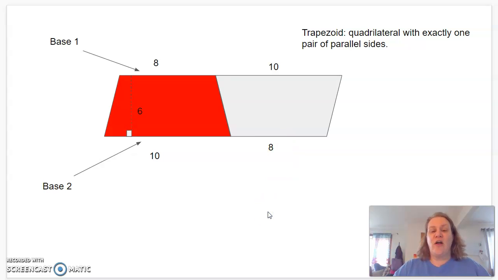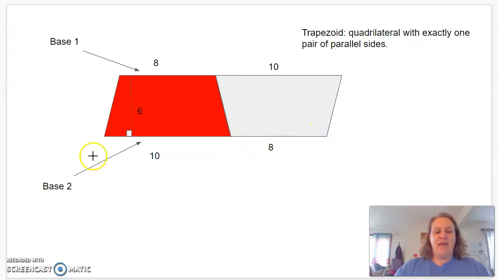So in order to figure out the area of this giant parallelogram, we need to figure out the base and the height. So we can use the bottom line as our base, and because it's 10, we know this measurement here is 10 and this measurement is 8.